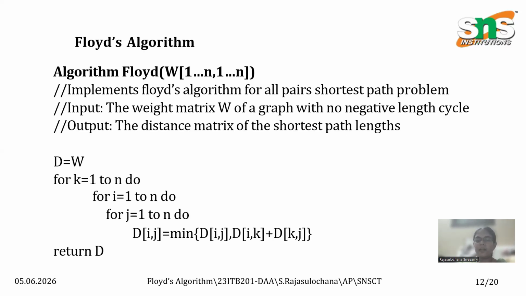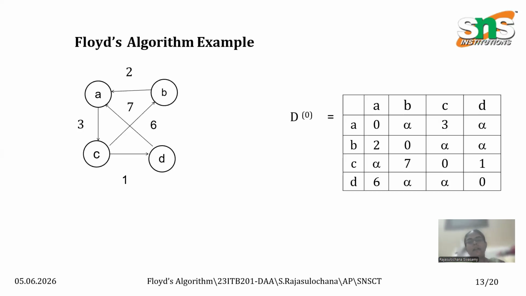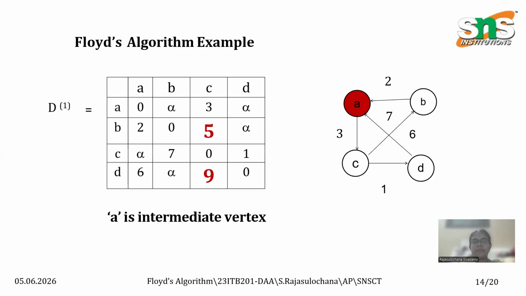So this is Floyd's algorithm. As we have seen in the previous slide, the distance formula is used. Since we have three vertices here, source vertex, intermediate vertex, and destination vertex, three for loops are used. Here, the distance from each source to destination vertex is updated in the distance matrix. Here A is chosen as the source vertex.